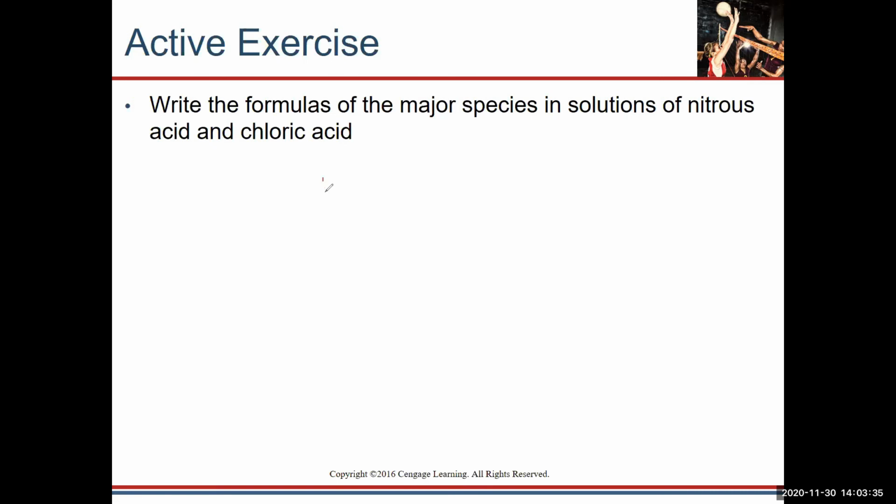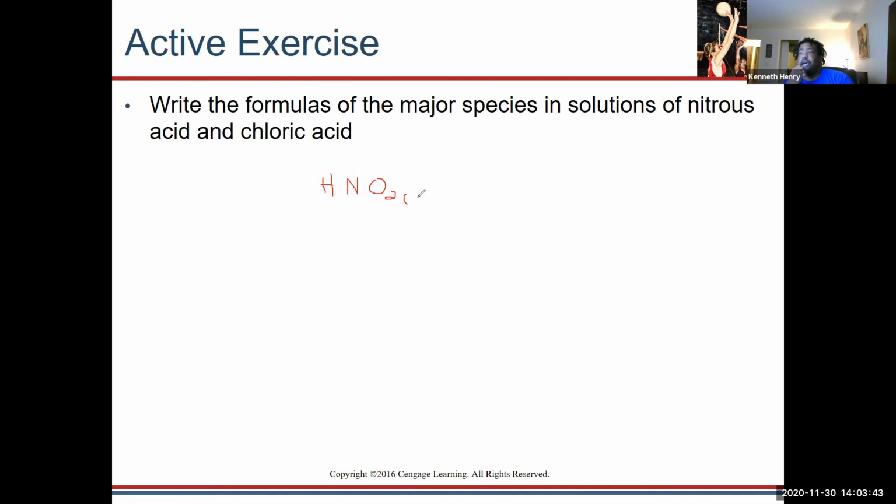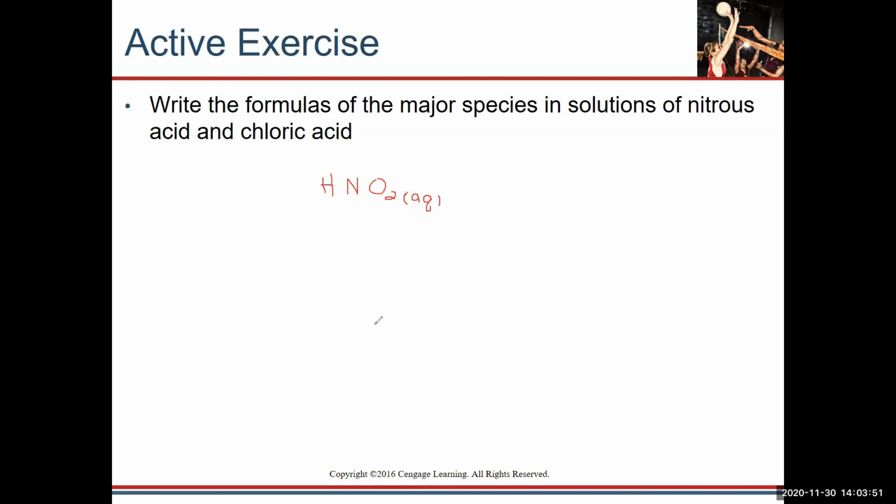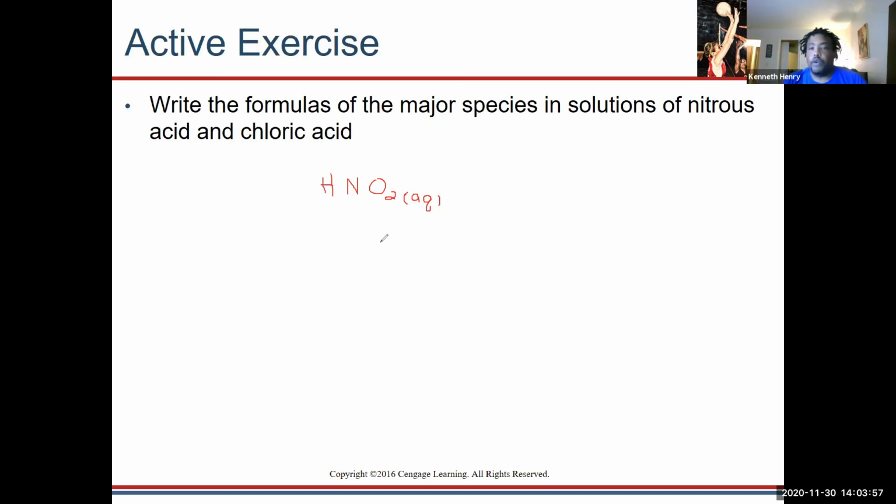HNO2. So are we going to favor the ion or are we going to favor the acid? The acid. That's right. So this would be your major species. That's it. Now, what about chloric acid?